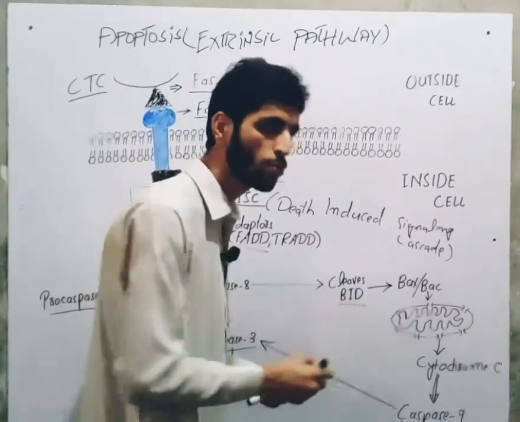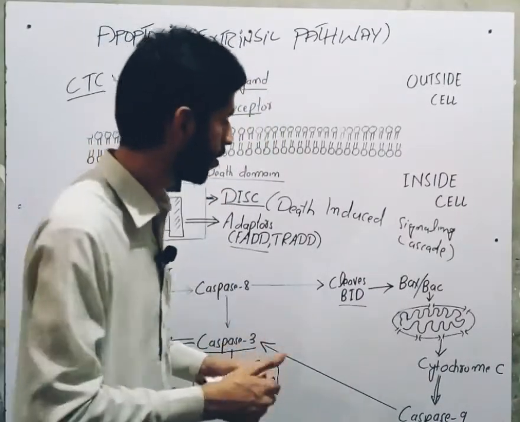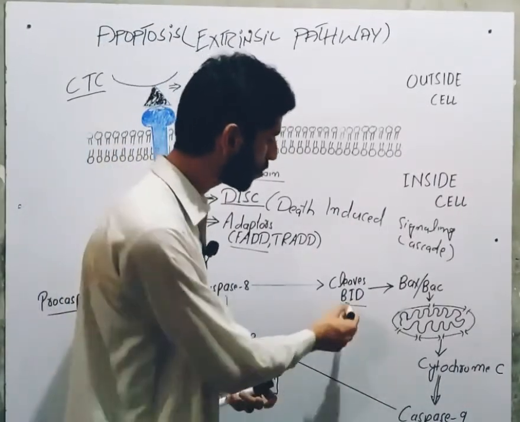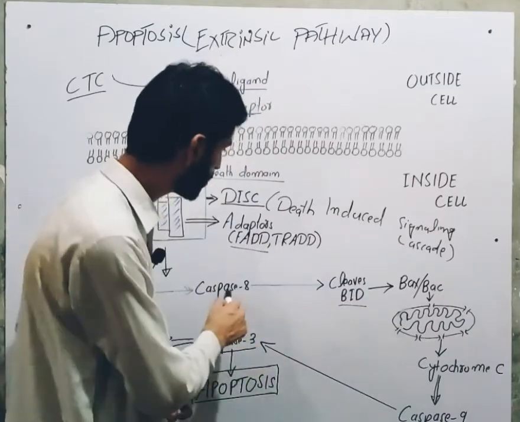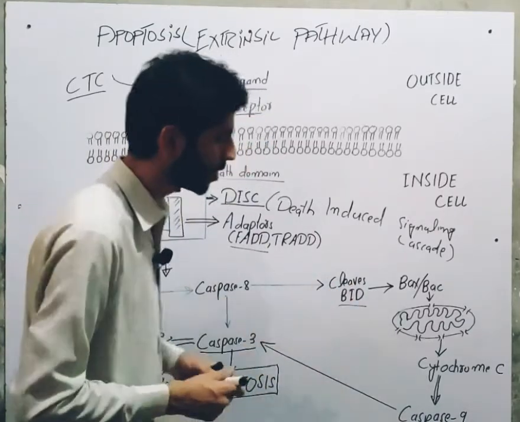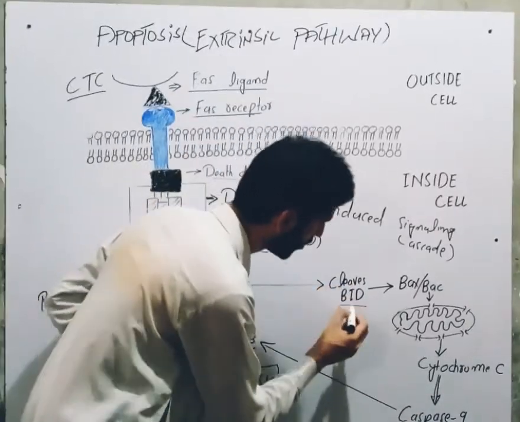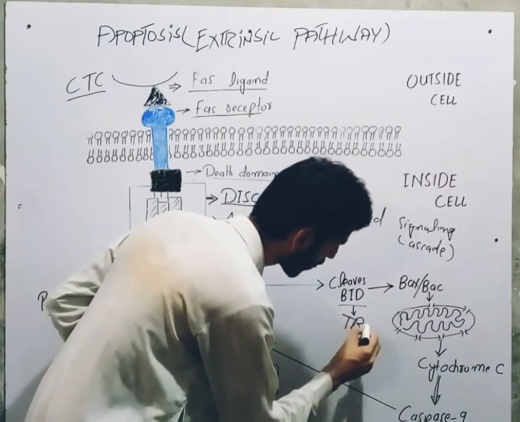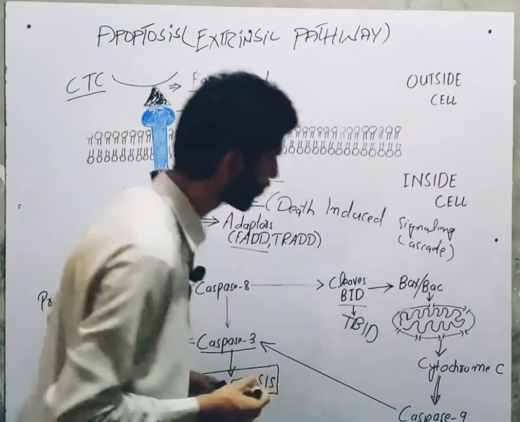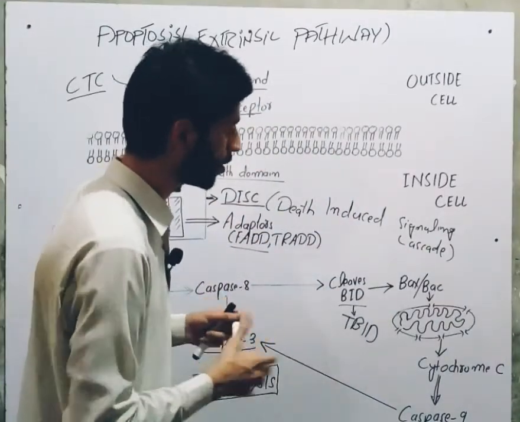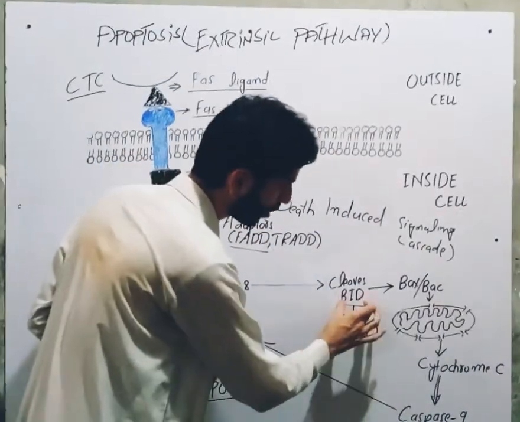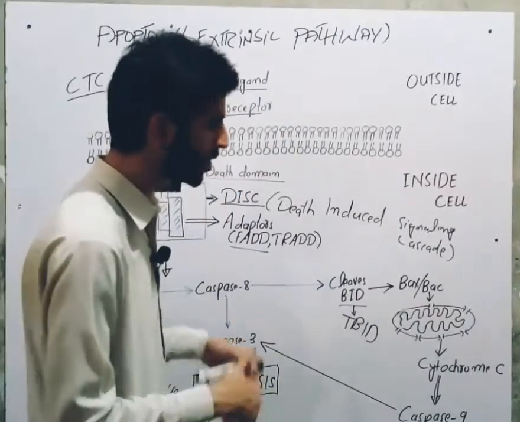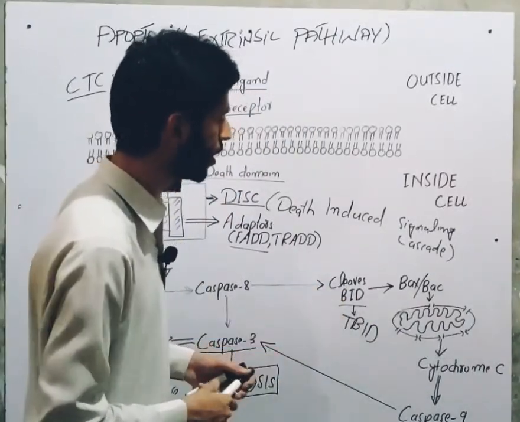This BID is also a member of the BCL-2 family. This caspase 8 cleaves BID. When it cleaves BID, BID will convert into tBID. It means this is the active form of BID. tBID is the active form of BID.